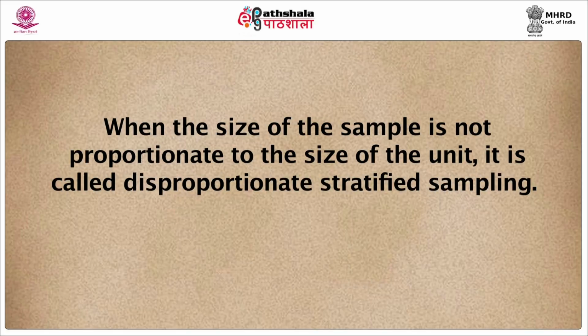When the size of the sample is not proportionate to the size of the unit, it is called disproportionate random sampling. Disproportionate stratified sampling depends upon considerations involving personal judgment and convenience.